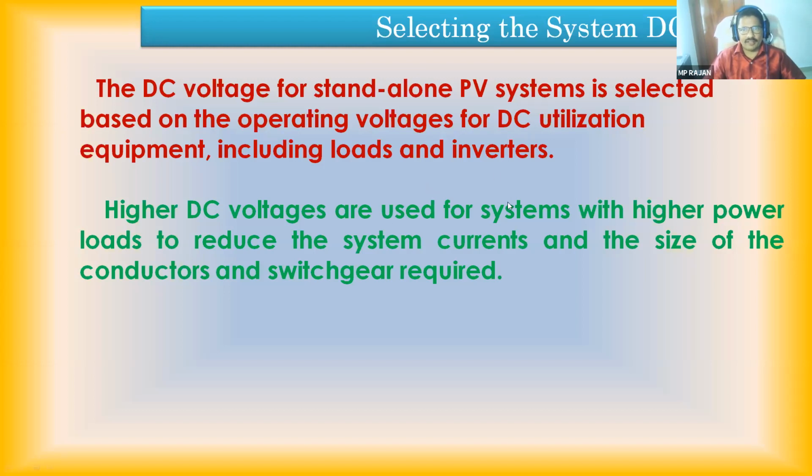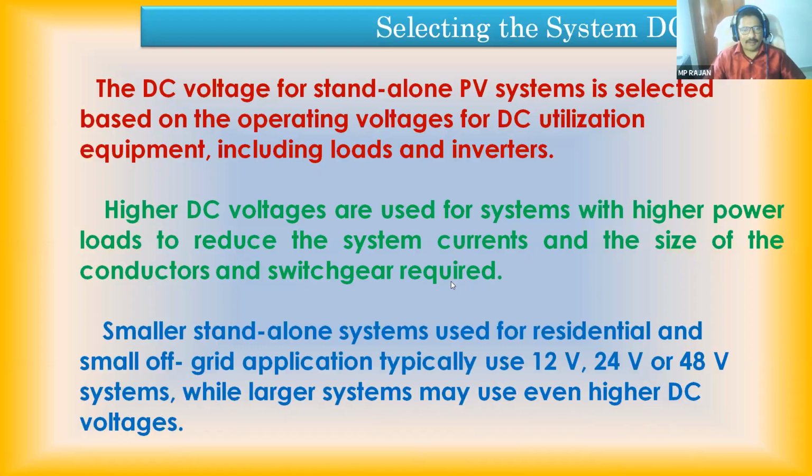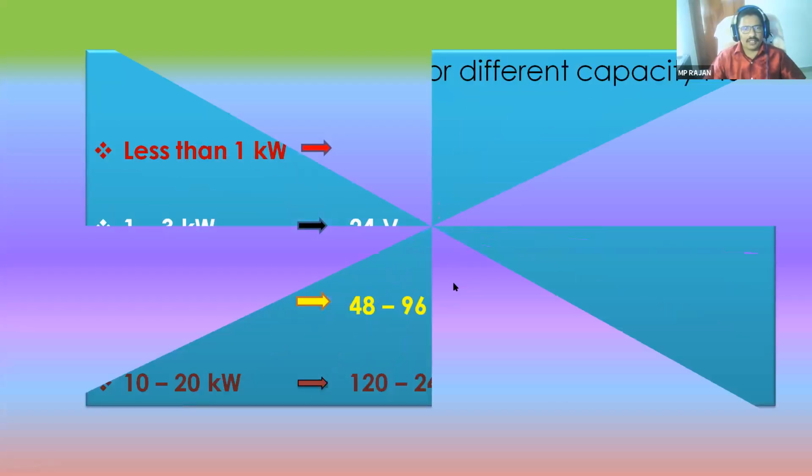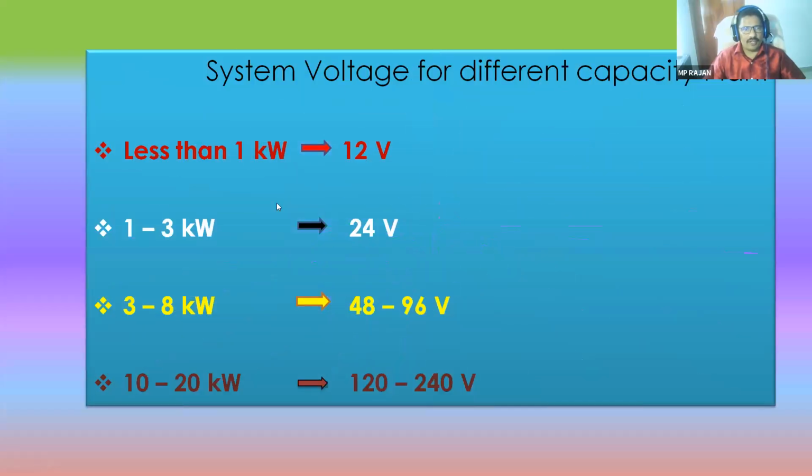But higher voltage is also dangerous, so there's a thumb rule we can see in the solar PV system. If your solar plant is less than 1 kilowatt, 12 volt is considered as the system DC voltage. Between 1 and 3 kilowatt, it is 24 volt. 3 to 8 kilowatt is 48 to 96 volt. 10 to 20 kilowatt, 120 to 241 volt.